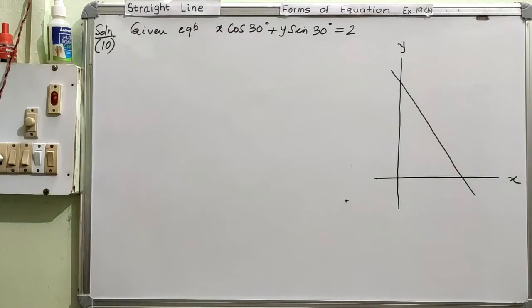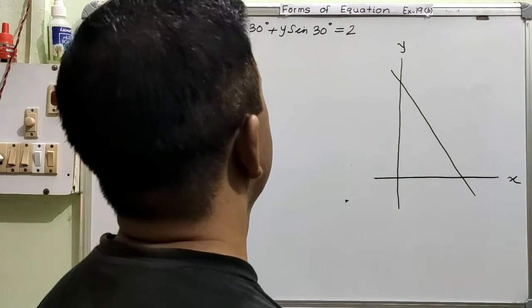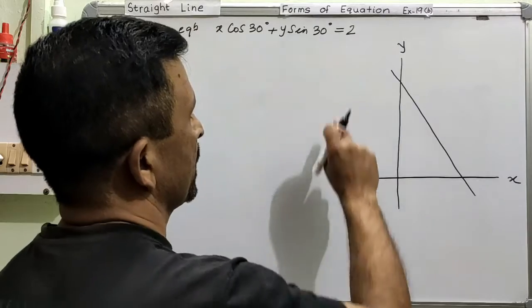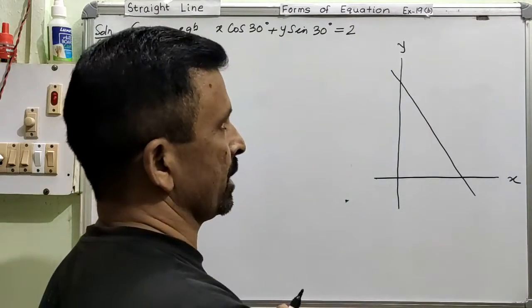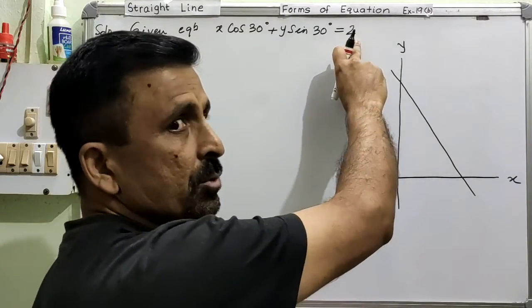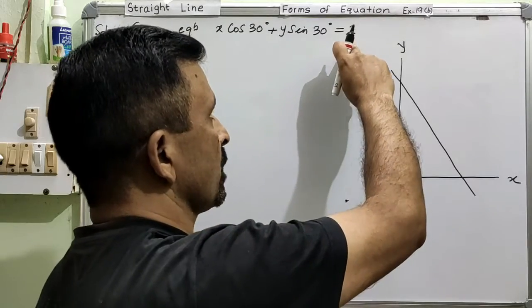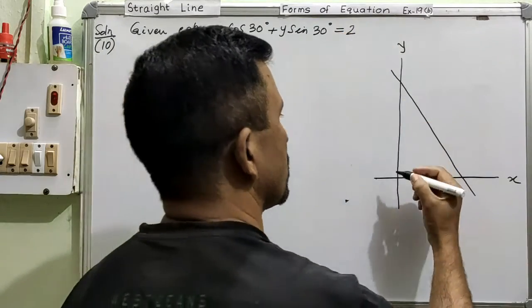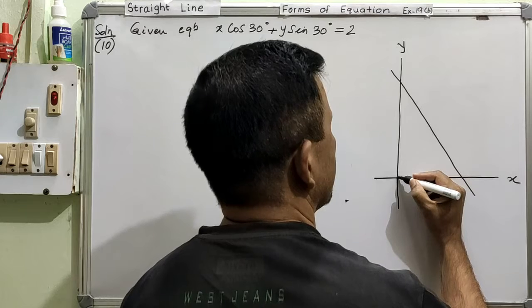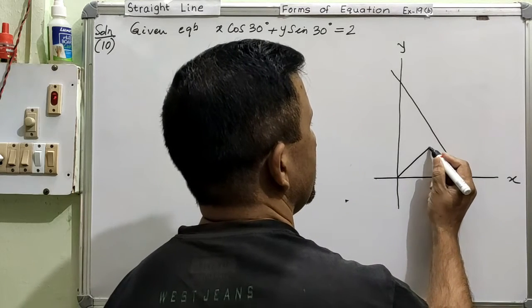Is this very clear? Now in this equation, this 2 is the perpendicular distance of the line from the origin. So we will draw the perpendicular line from the origin to the line.